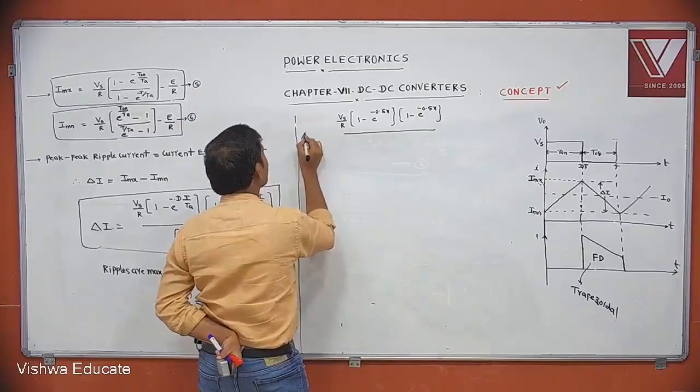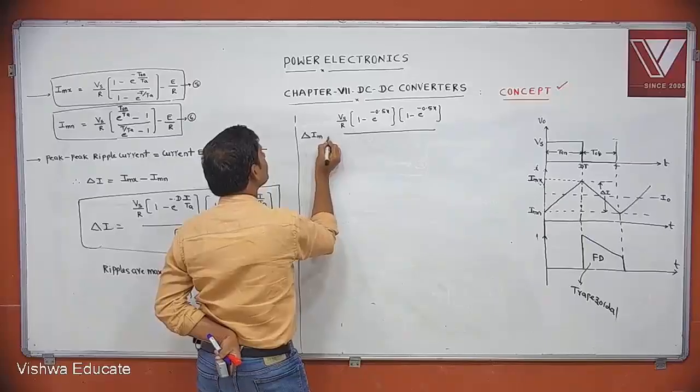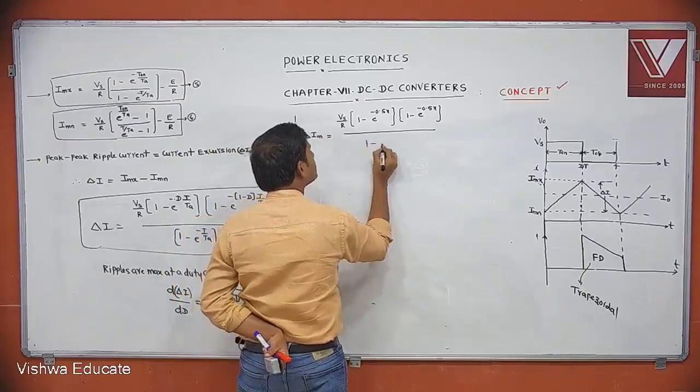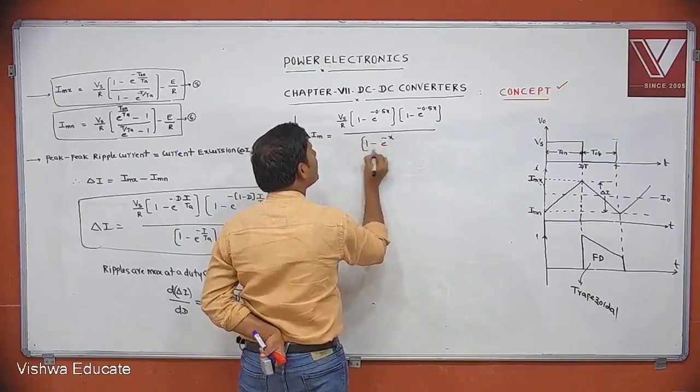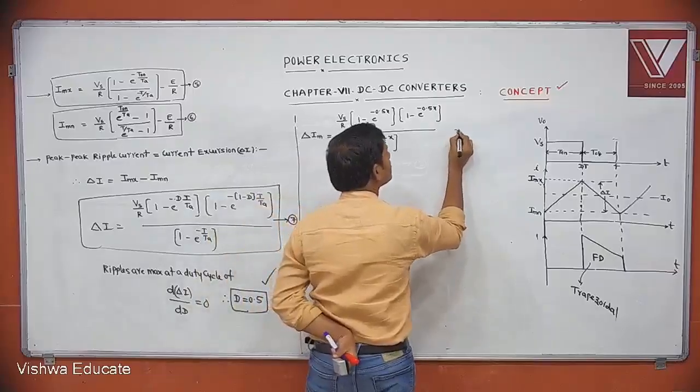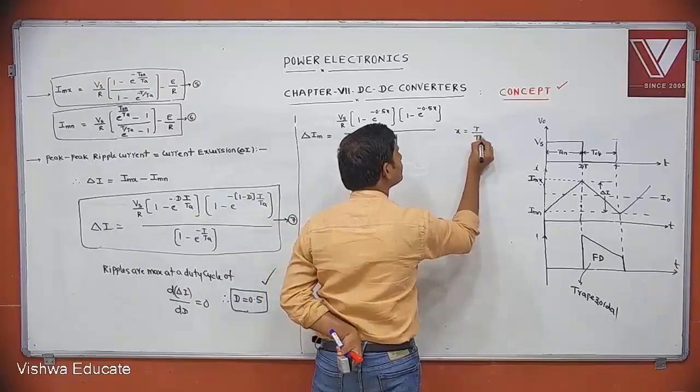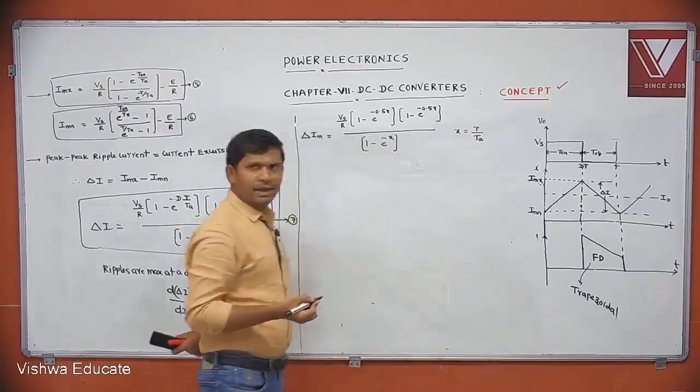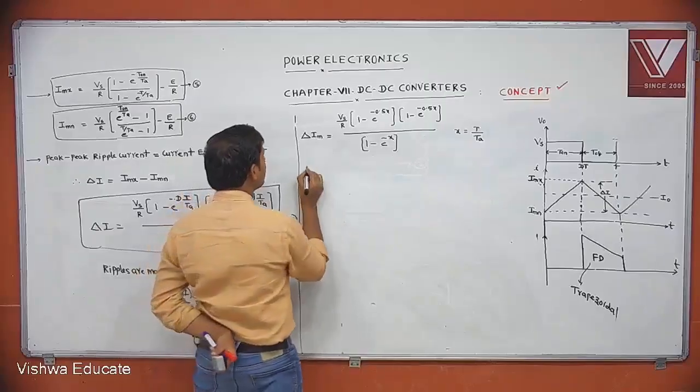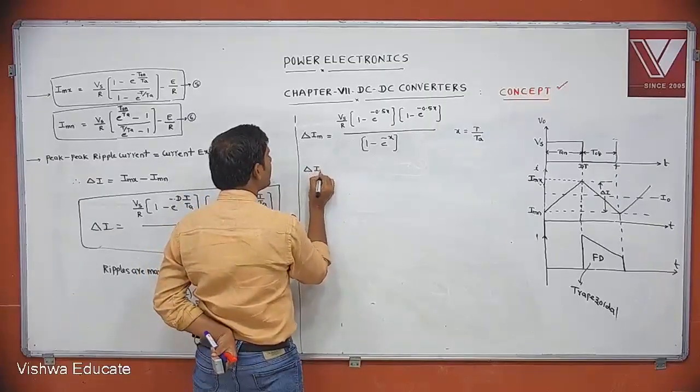This is the maximum value of ripple current, divided by 1 minus e power minus x. What is x here? I take x equal to T by TA. Then you simplify this. What is the maximum value of ripple current?